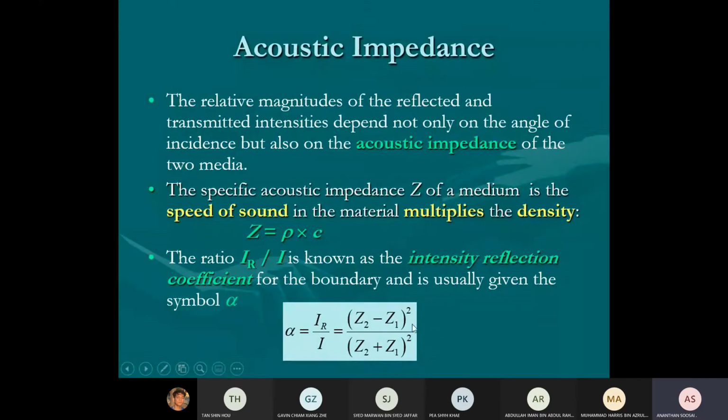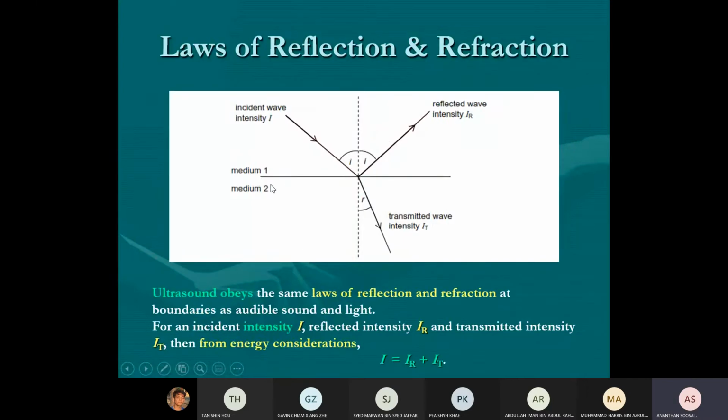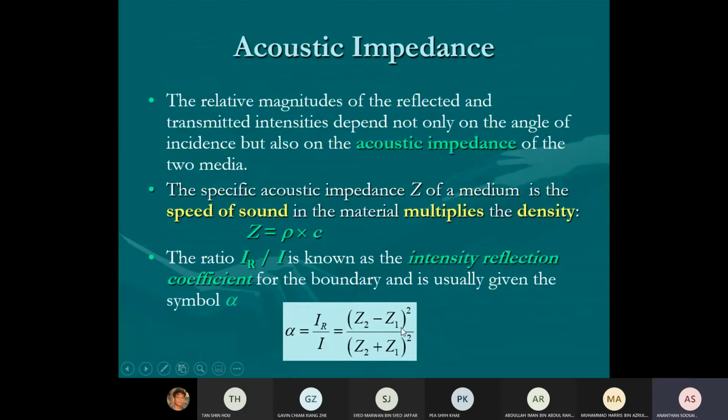Now this formula tells a lot of things. If the two media have about the same acoustic impedance, Z2 and Z1 are quite the same, so the numerator Z2 minus Z1 is going to be very small.